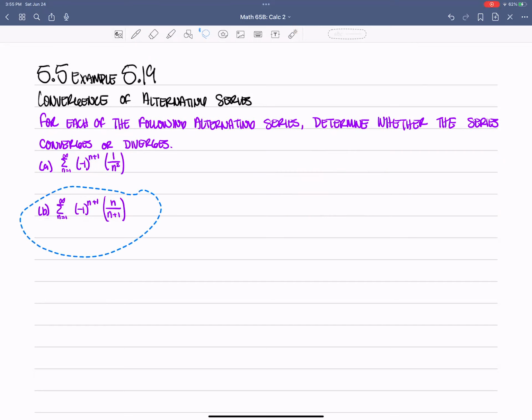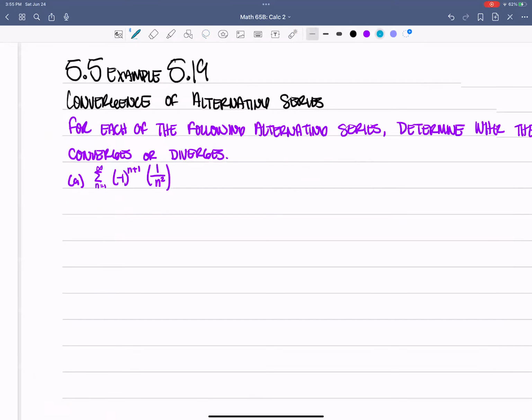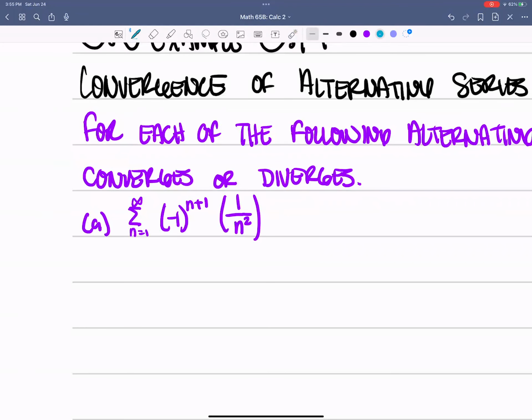We're looking at the sequence without it alternating. So in this case, b sub n is only going to be this value here, 1 over n squared. And we're going to compare that to b sub n plus 1, which is 1 over n plus 1 squared.